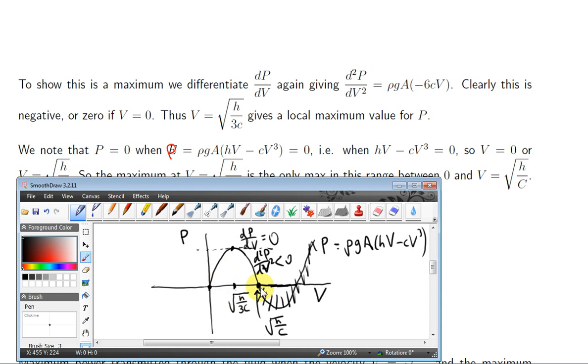So anyway, we see that in the range of v for which our model is valid, we have only one maximum value. That's at root h over 3c. So our local maximum is the maximum for our function. Of course, if our model was valid for all values of v, then we would have a value of v that gives us a greater value for P somewhere over here, but I don't think it's valid over there, so we can ignore all of this.